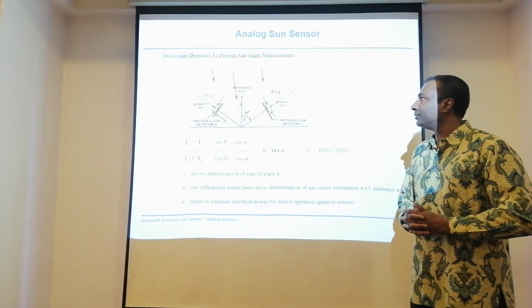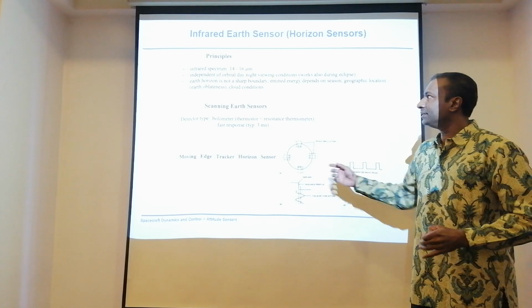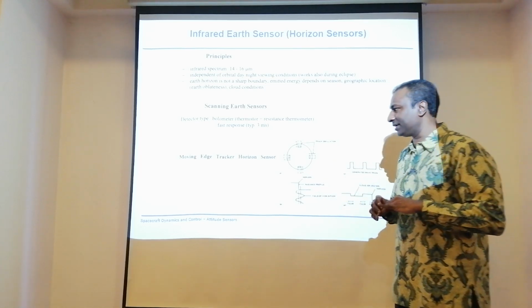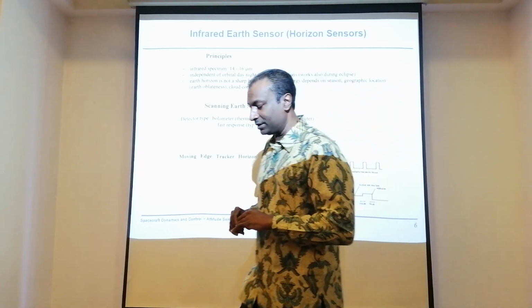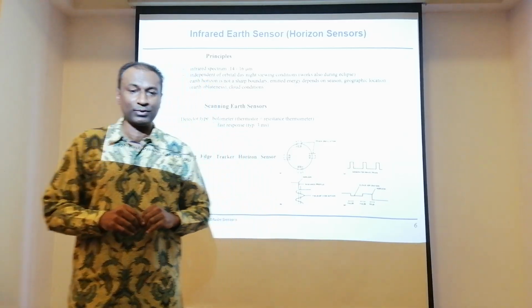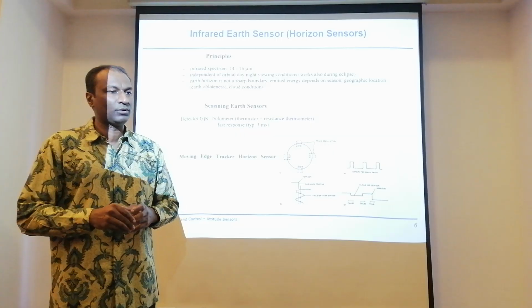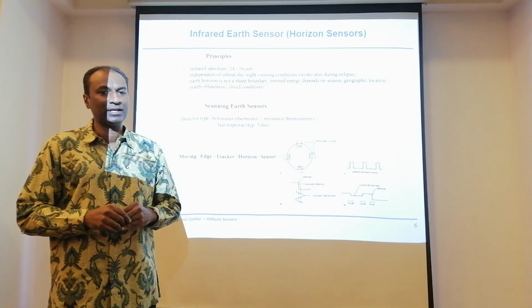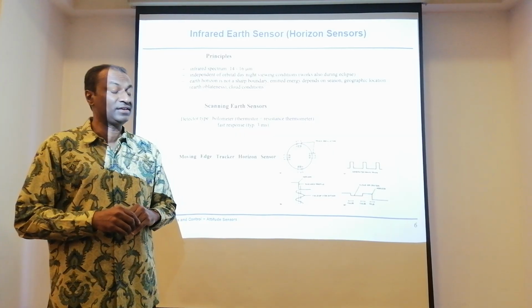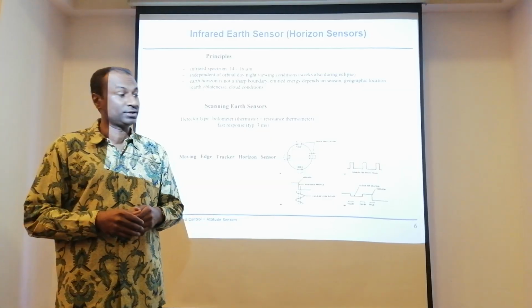All right? Go on. Infrared Earth sensor. This is a very interesting sensor. The good thing about this sensor is that whether it's sun phase or eclipse phase, you can use it. It is one of the very commonly used sensors, even for LEO or geostationary orbit.